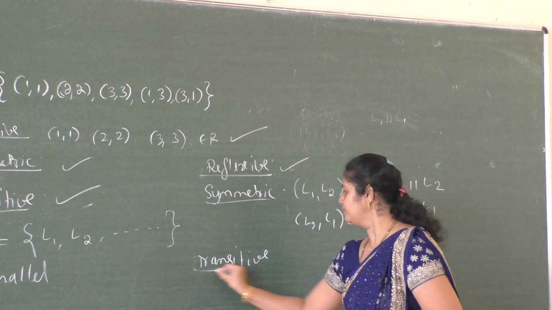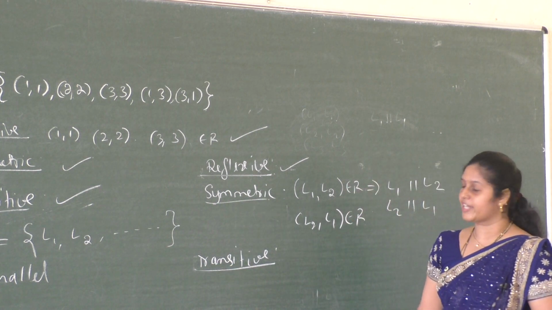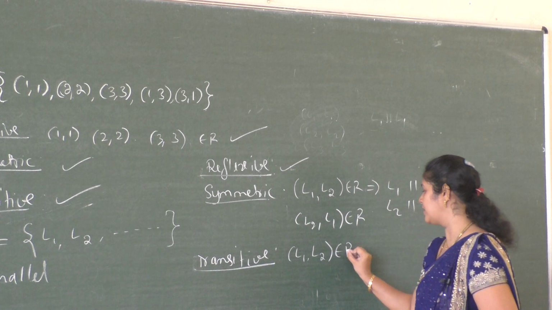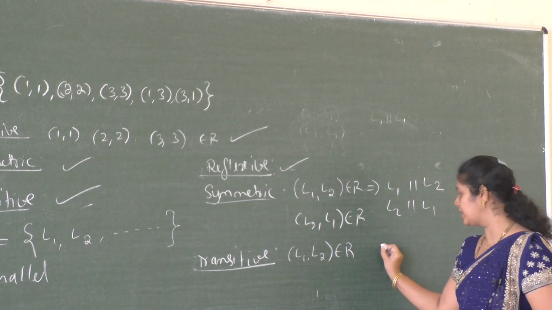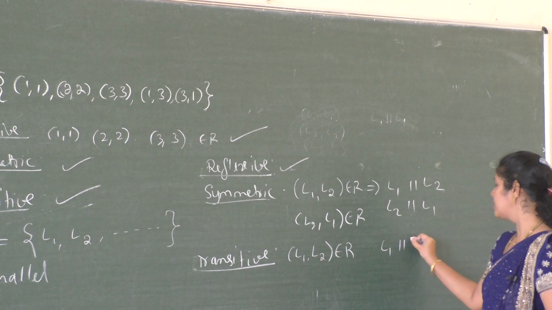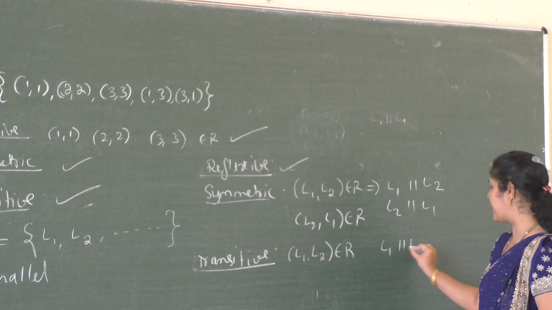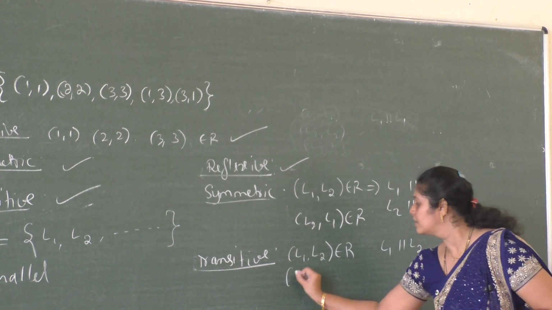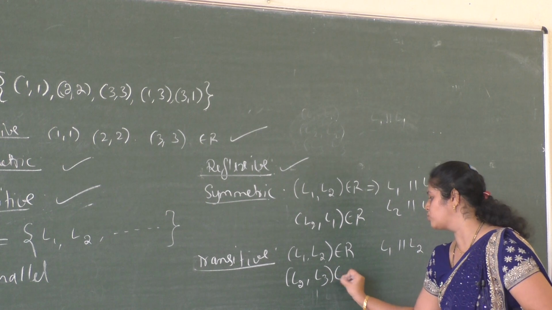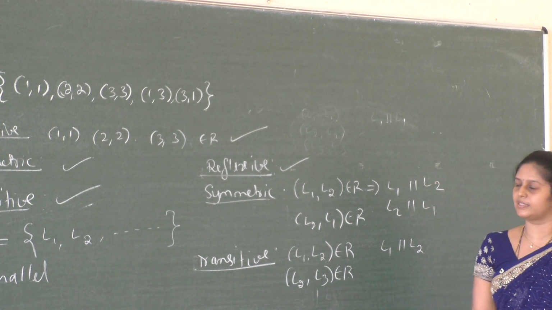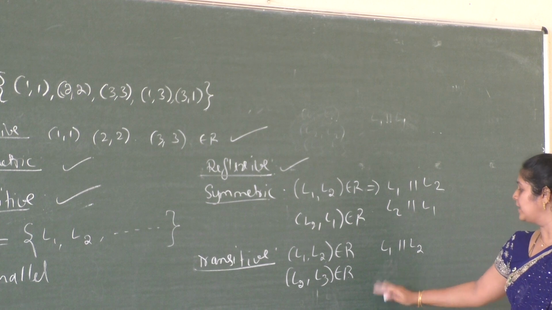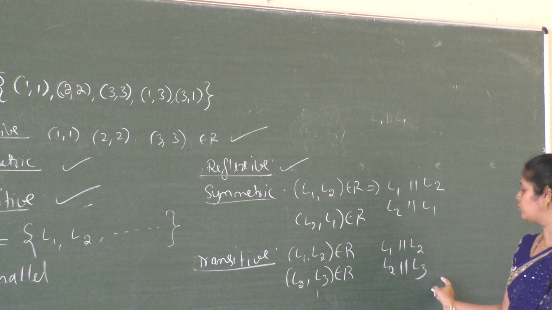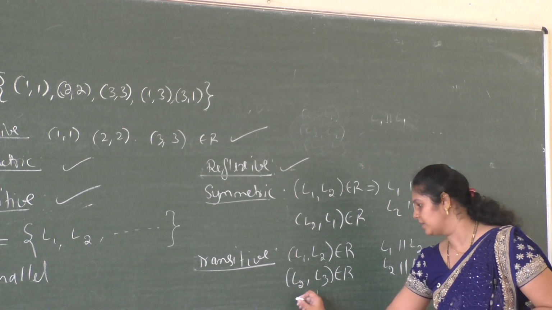Transitive. If I take (L1, L2) belongs to R, meaning L1 is parallel to L2. Then (L2, L3) belongs to R. I am taking L2 and L3, meaning that L2 is parallel to L3. So L2 and L3 are related.